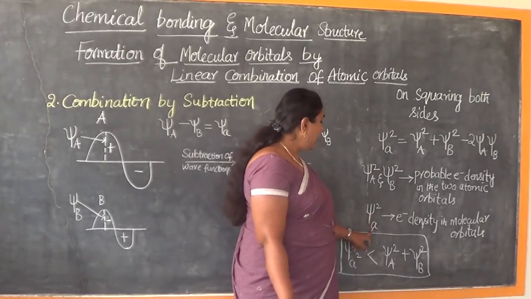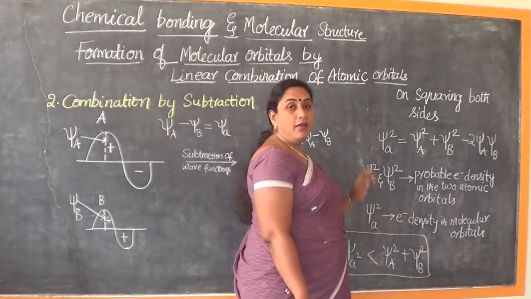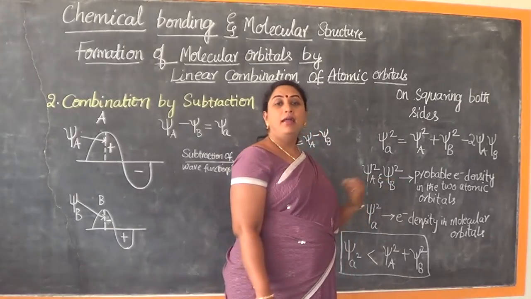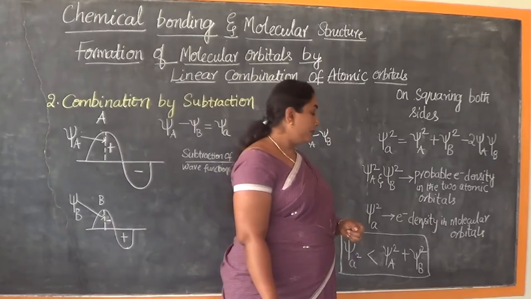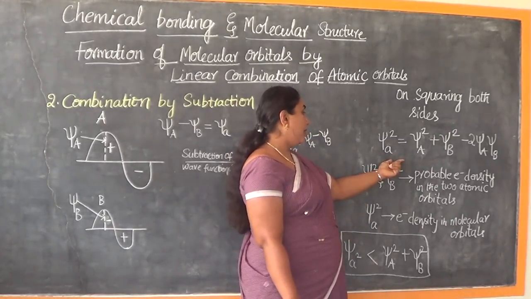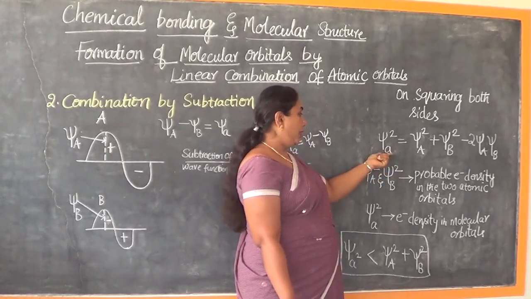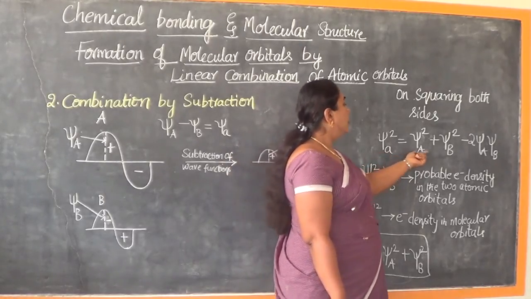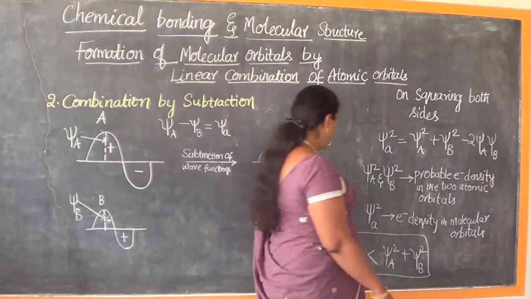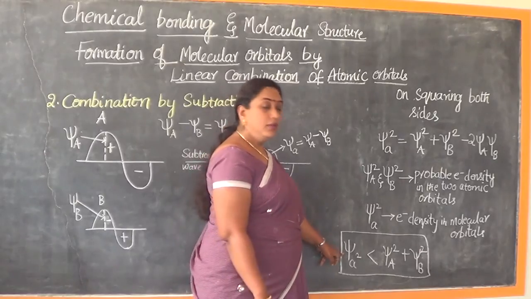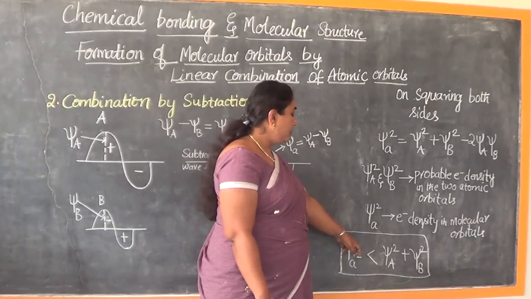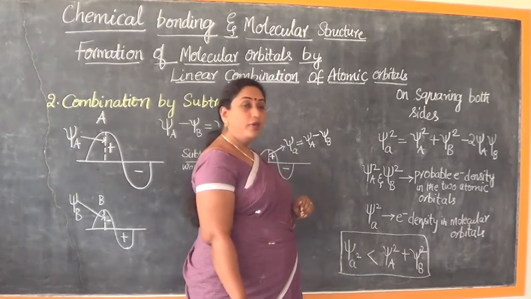Now, what is psi small a square indicating? It is indicating the electron density present in the anti-bonding molecular orbital. Finally, what can we say from this equation? We can say that psi a square is greater than psi a square plus psi b square, or else we can also put it as, sorry, I told it in a wrong way, I come back again.